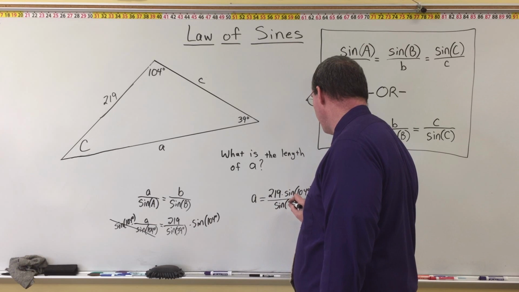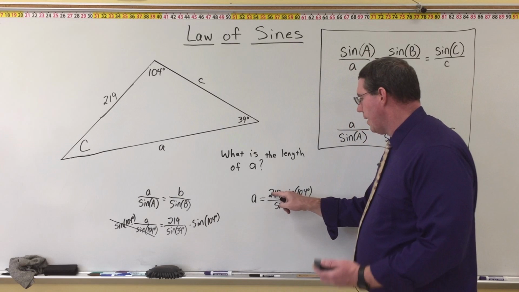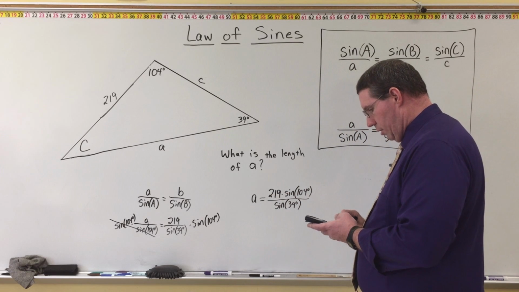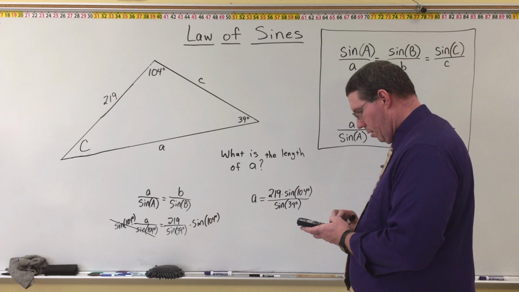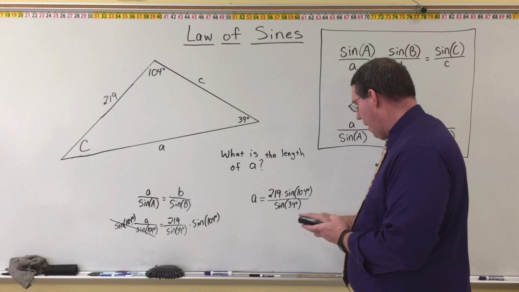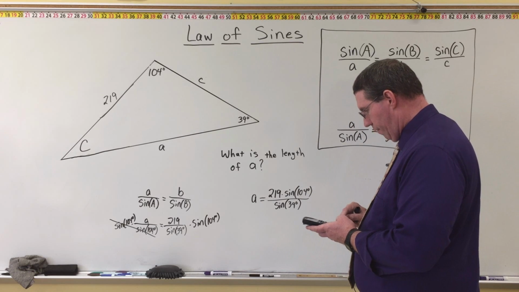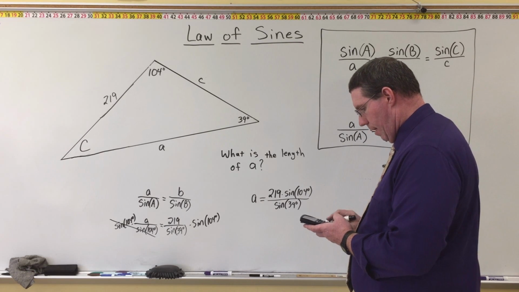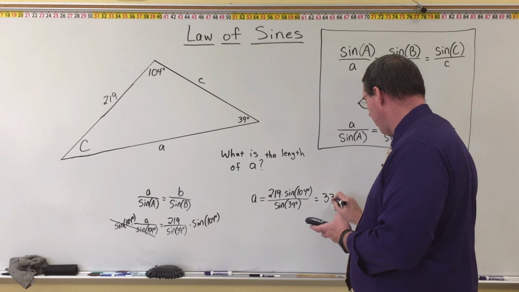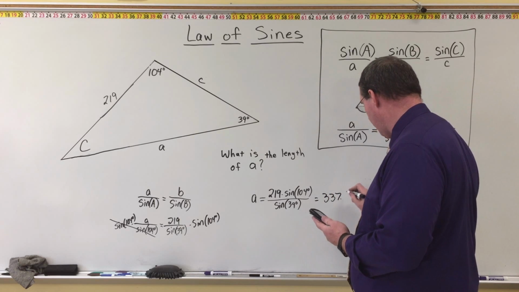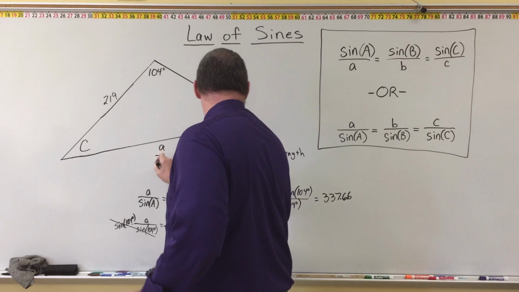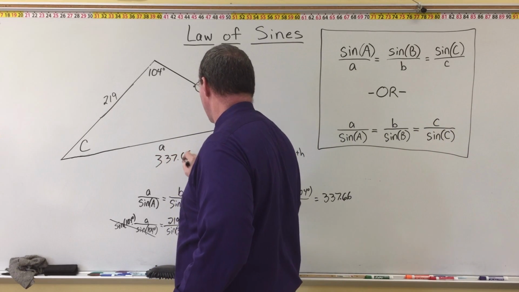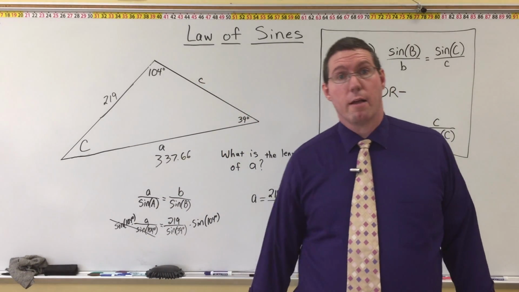Now I cannot cancel these sines because they're sines of different angles, but I can now do 219 times sine of 104 degrees. I'm in degree mode. Enter. Now I'm going to divide that by sine of 39 degrees. And that gives me 337.66 is the length of A. And we use the law of sines to find that.